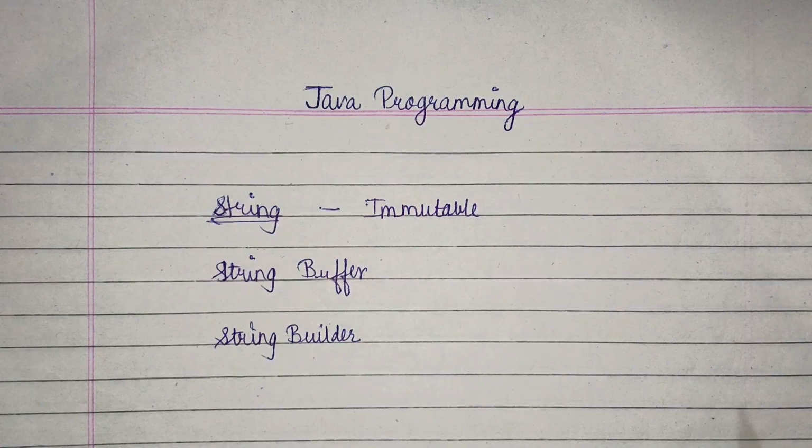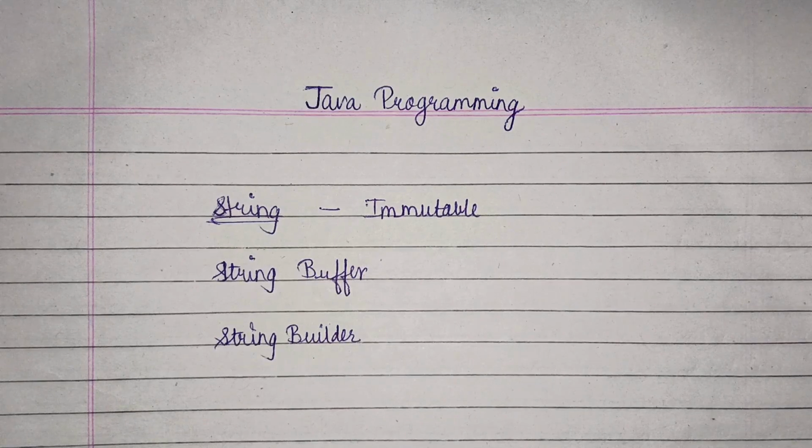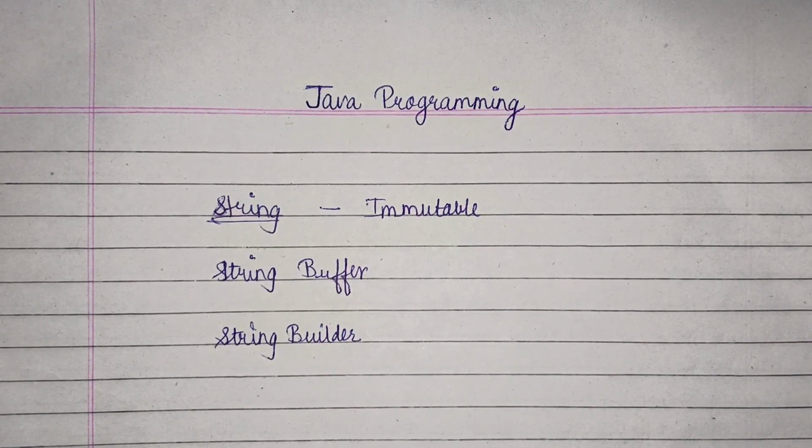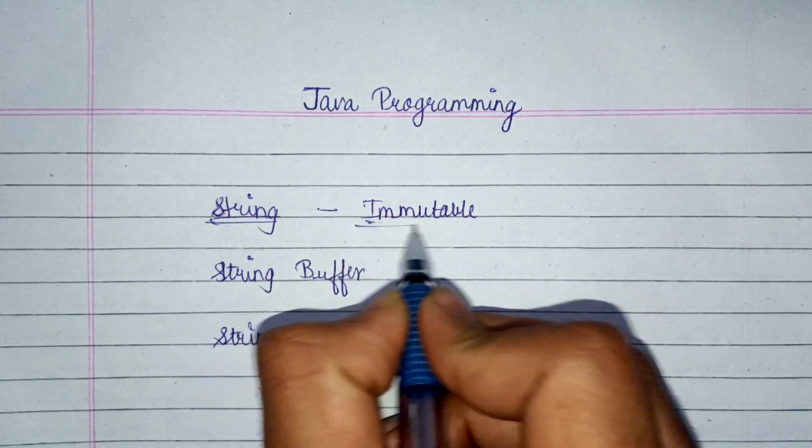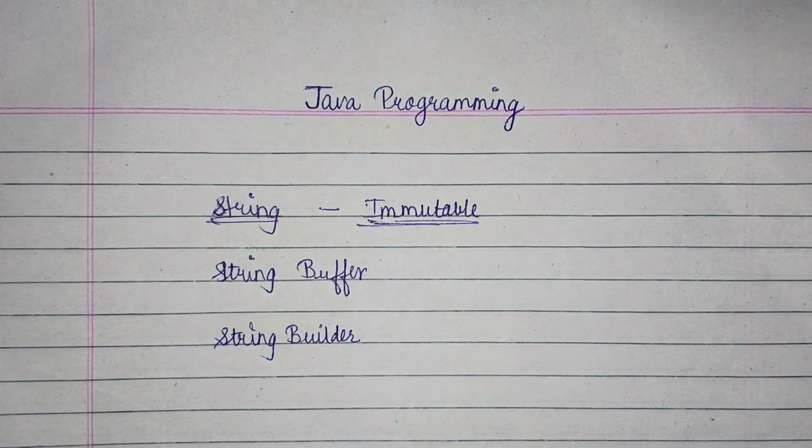That means once a string object is created, it cannot be changed. We cannot do any modification in that string. As a result, it creates a new object in the memory. The original object will not be updated or modified. A new object is created for the new data. That is what is meant by immutable.